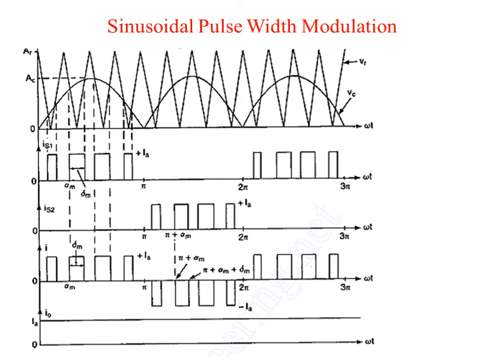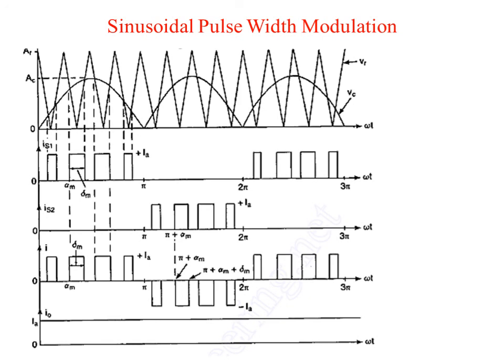There are different methods of varying the width of pulses, and the most common one is sinusoidal pulse width modulation. In sinusoidal pulse width control shown in the figure, the pulse widths are generally generated by comparing a triangular voltage VR of amplitude AR and frequency FR with a half sinusoidal voltage VC of variable amplitude AC and frequency 2 Fs.